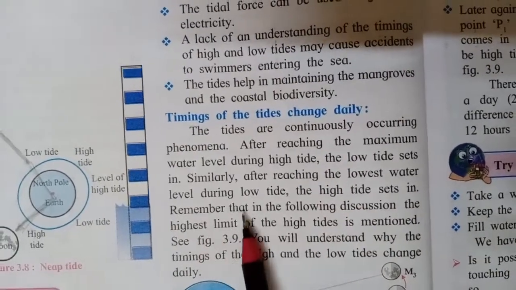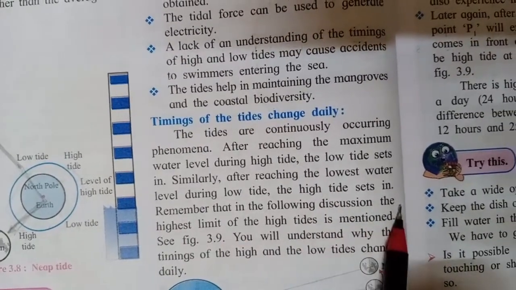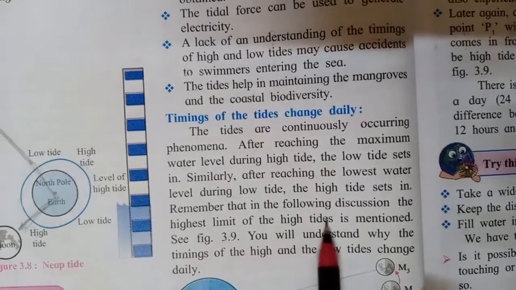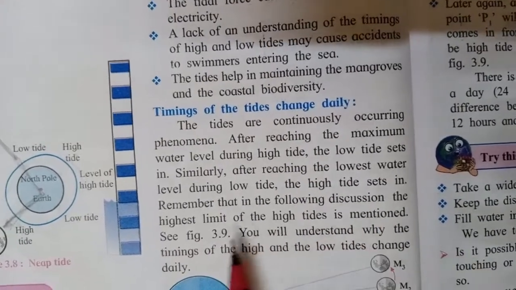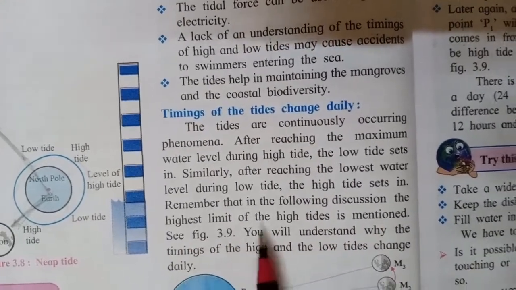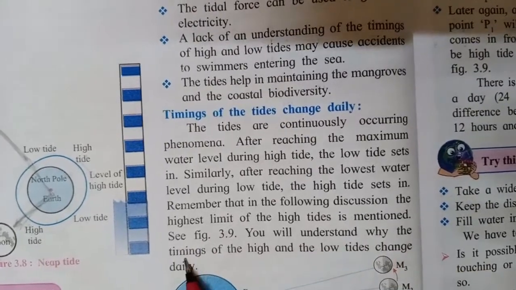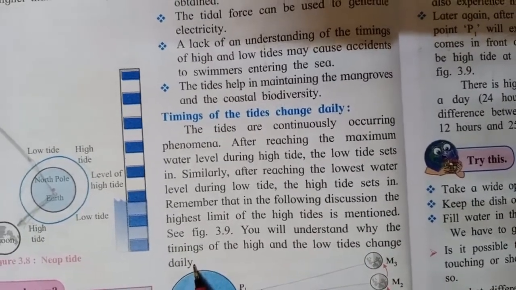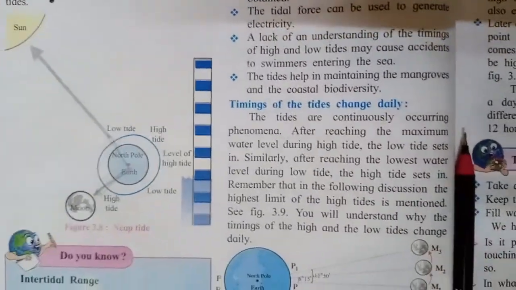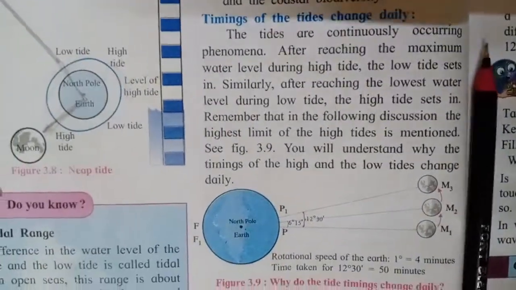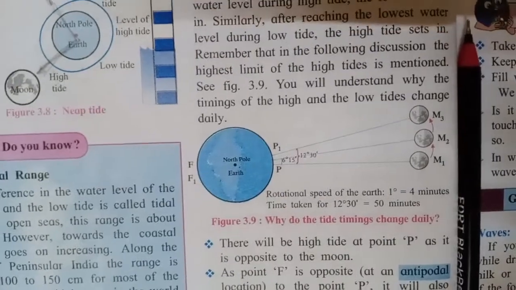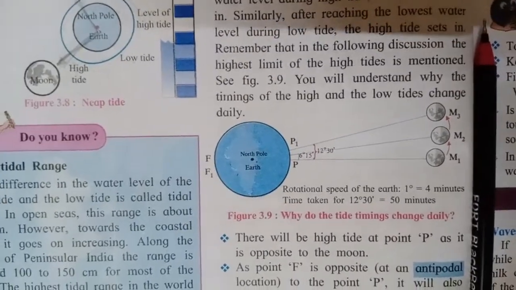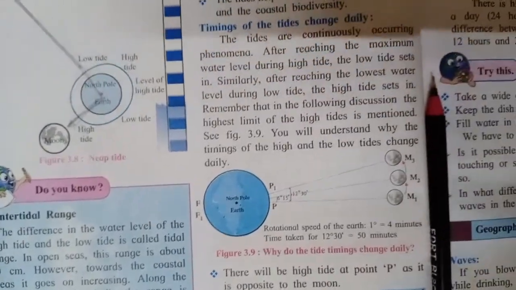Remember that in the following discussion, the highest limit of the high tide is mentioned. See figure 3.9. You will understand why the timing of the high and low tide changes daily. So here, in figure 3.9, we are going to study how the time of the high tide and the low tide changes.